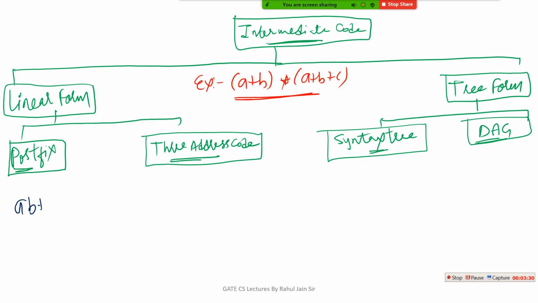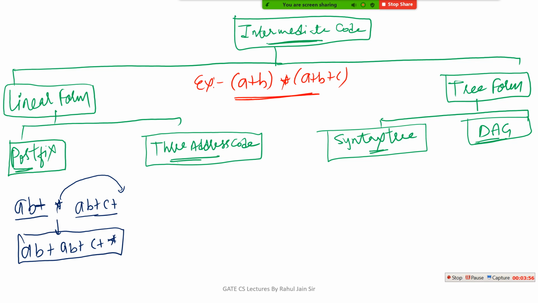So a b plus would be first, then multiplication is there, and from this brace a b plus would be there, and c plus. After this we can generate the postfix notation as a b plus, and the multiplication will move to the rightmost position: a b plus c plus and multiplication. So this is the postfix notation corresponding to this example, the linear form intermediate code under postfix notation.